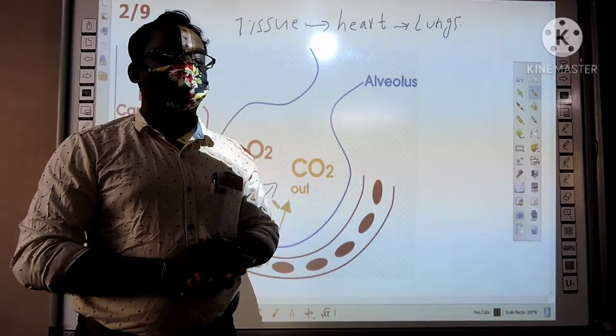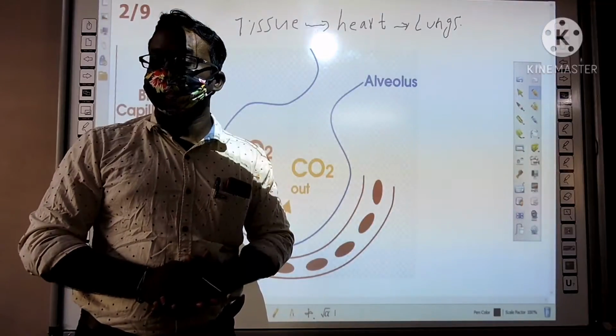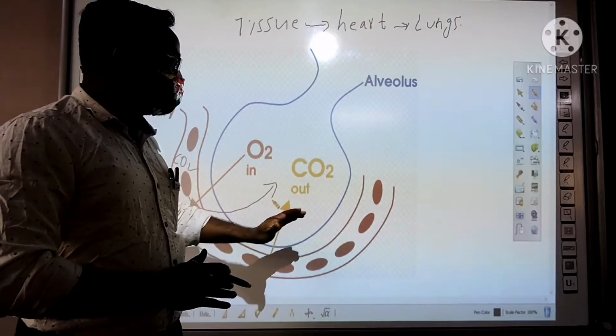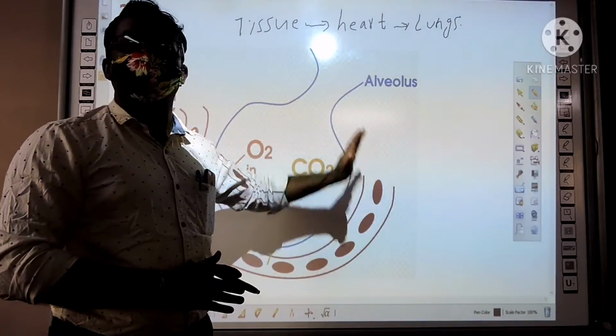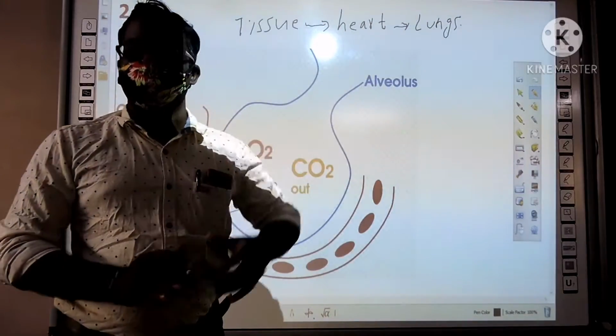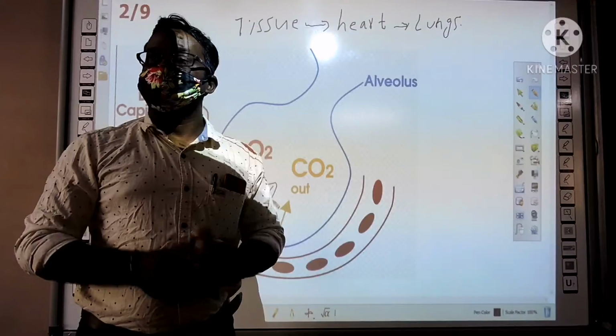Understand? So here the blood with oxygen is bright red in color. The bright red blood is carried to the heart, and the heart pumps that blood to all the tissues. So it's a cyclical process.